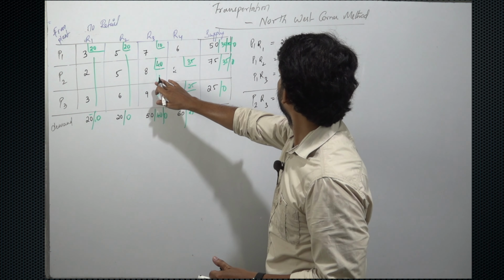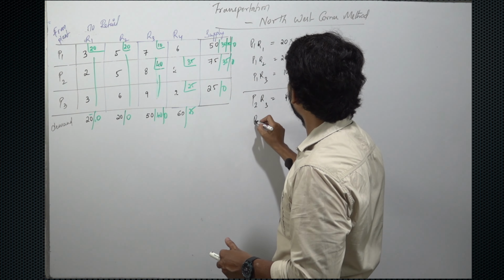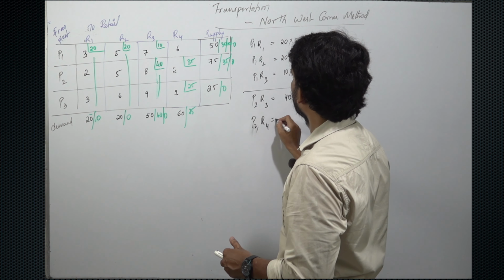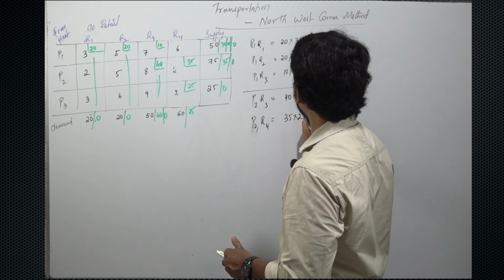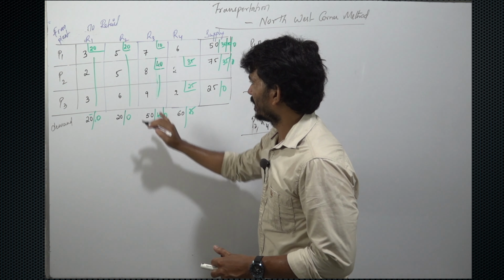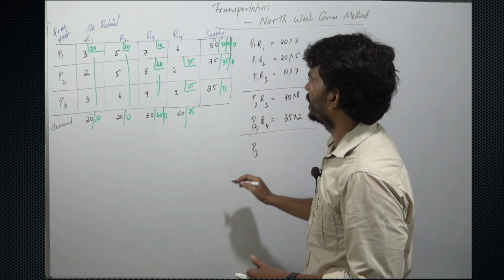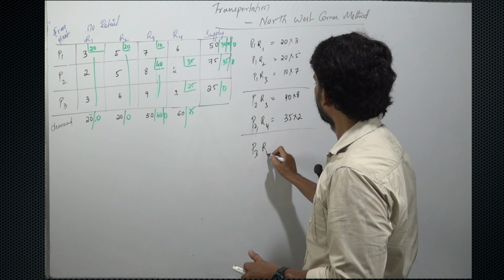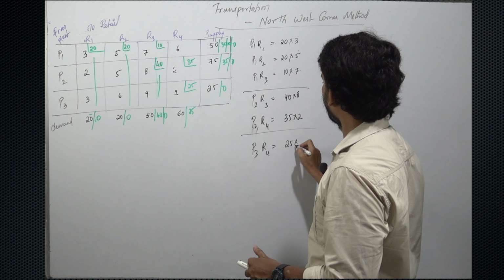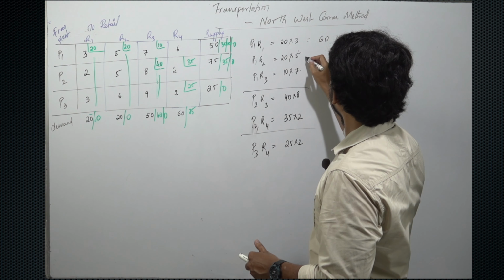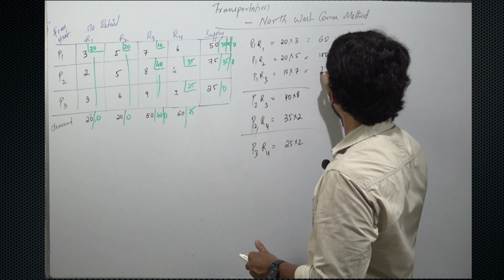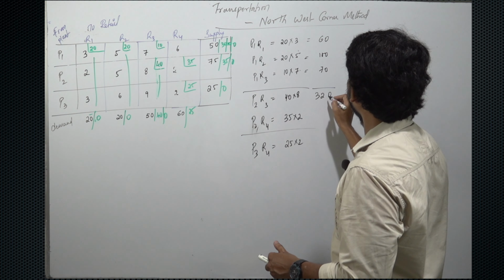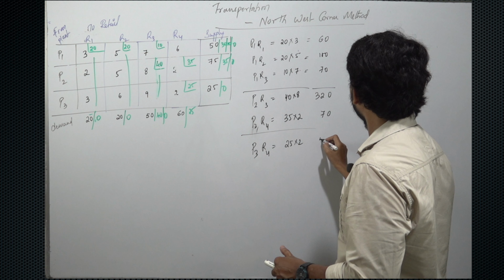And then P2 R3 is done, and P2 R4, 35 units, 2. Next come to P3, it's giving to R4 only, 25 multiplied by 2. 60, 100, 70, 320, 70, 50.